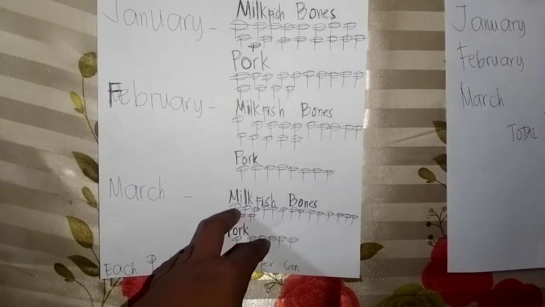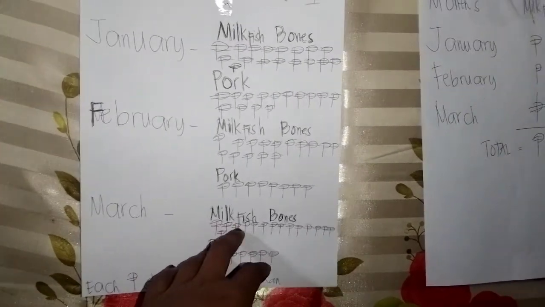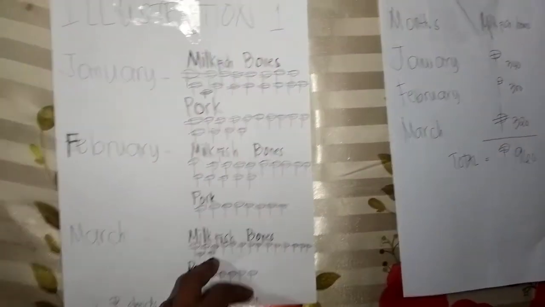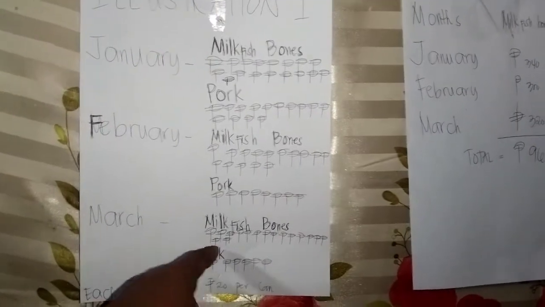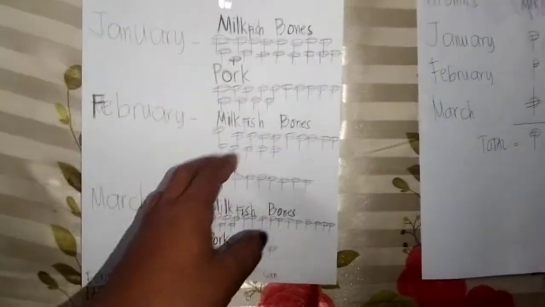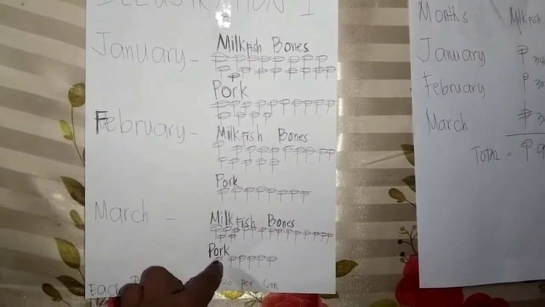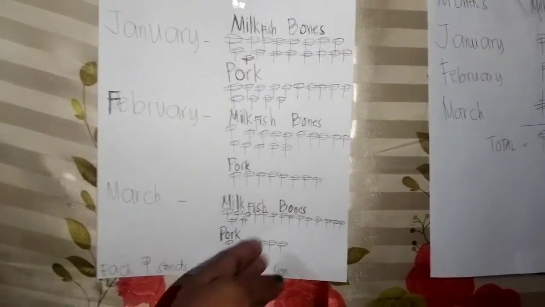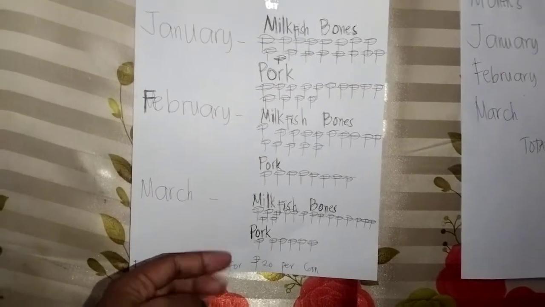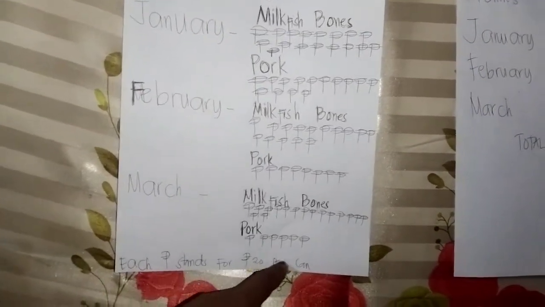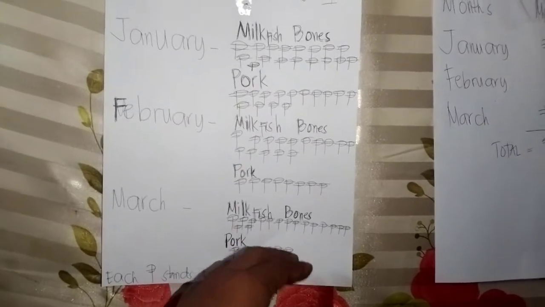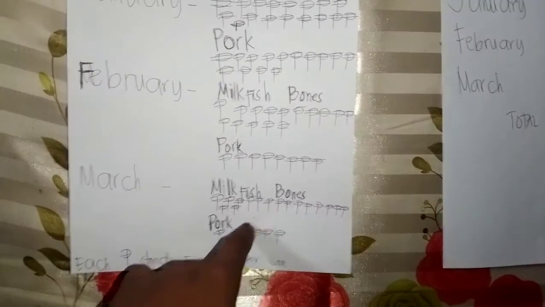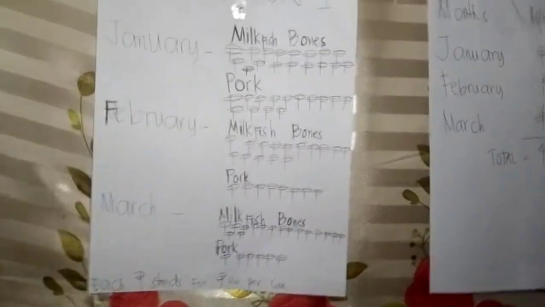So in milkfish bones, we have 16 peso signs. 16 times 20 equals 320. And the pork, we have 8 peso signs. So each peso sign here stands for 20 pesos per can. We have 8. So the total of pork for the month of March is 120. Okay.